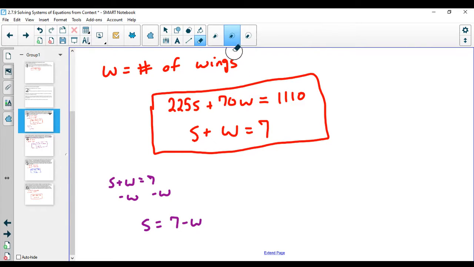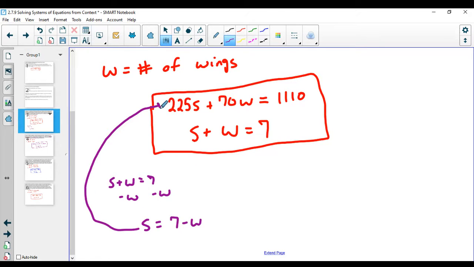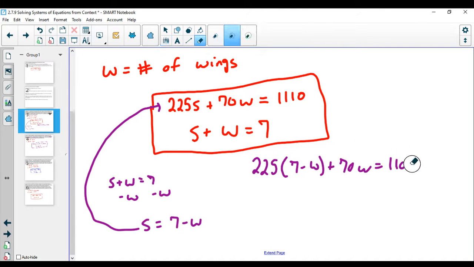After I do that, now I'm going to do the substitution game. So I'm going to substitute this back into this top equation for s. So I see 225 times s, which we just said is the same thing as 7 minus w, plus 70w equals 1,110, right?